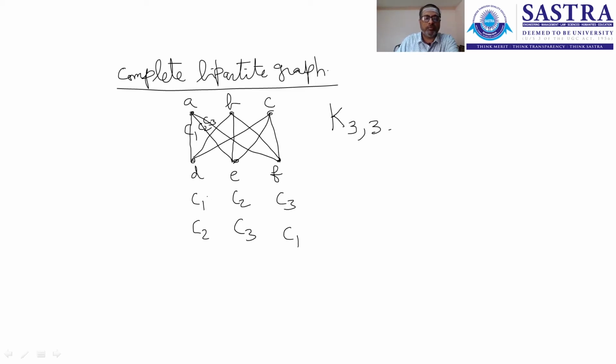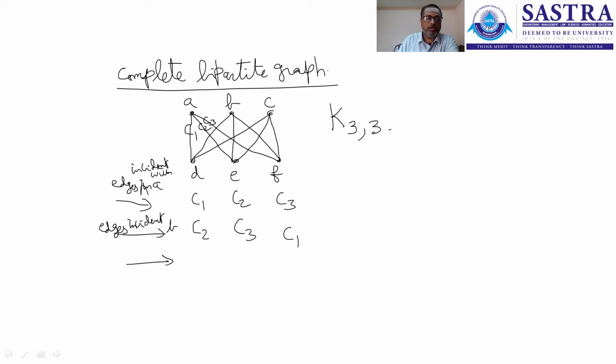So this coloring you get from edges incident with A, and similarly edges incident with B.